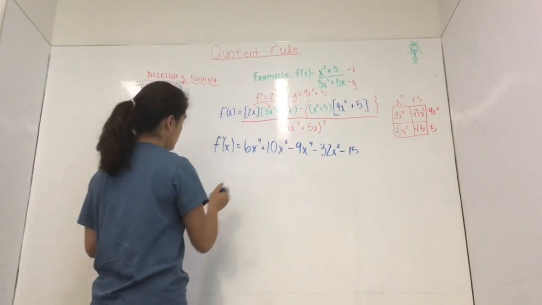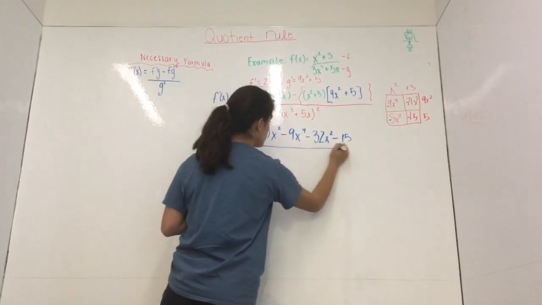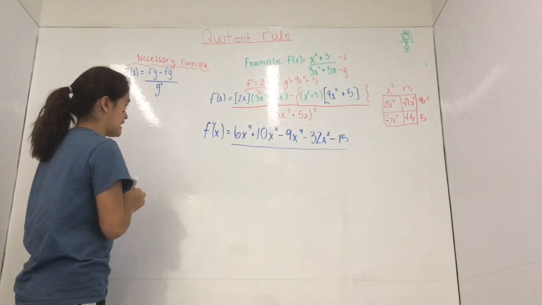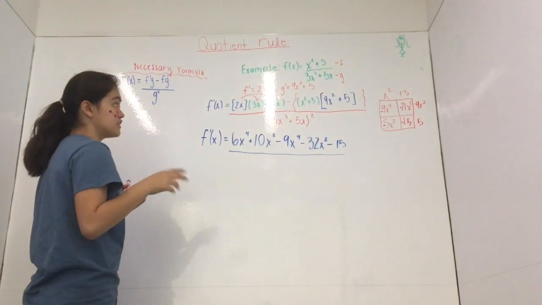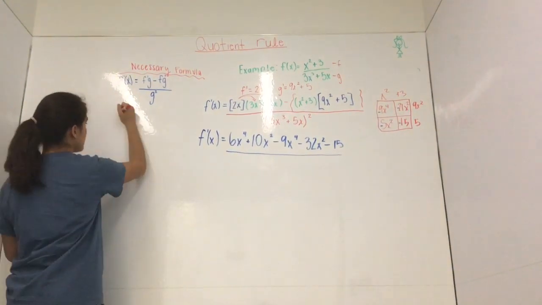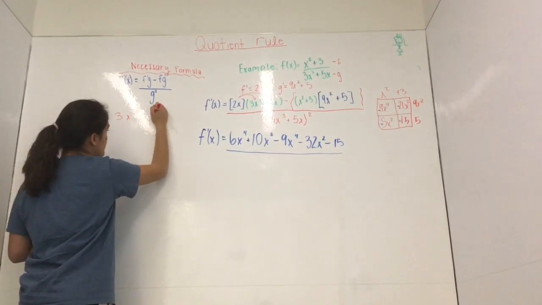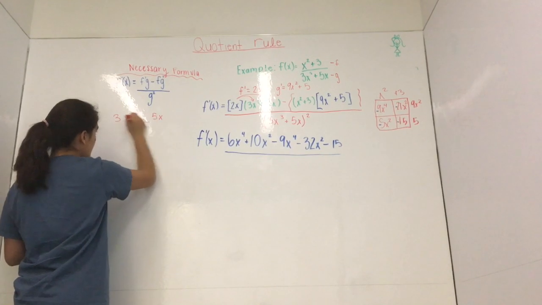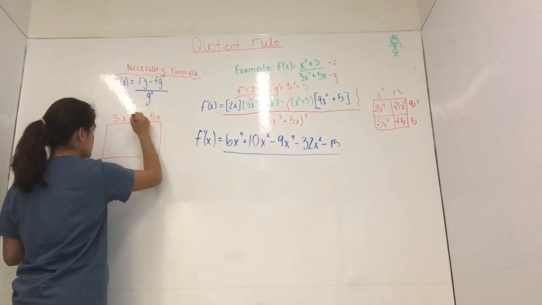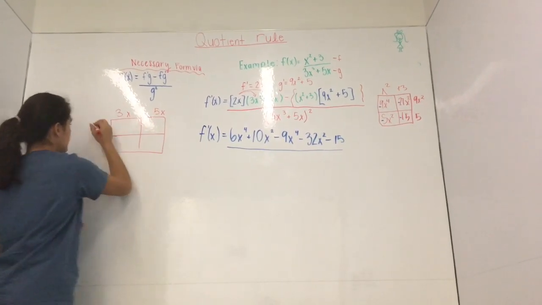And then we're going to put it over our g squared, which is just the denominator squared. So we have to take that and FOIL it out, and we are going to do that very quickly again.